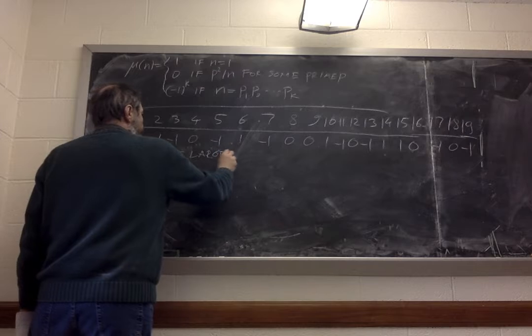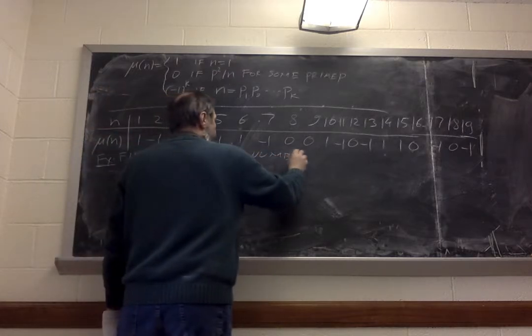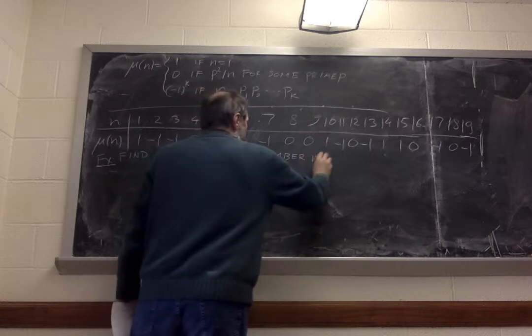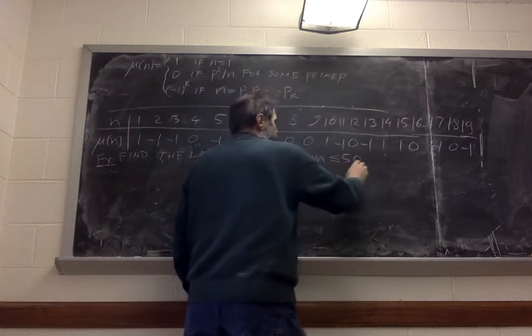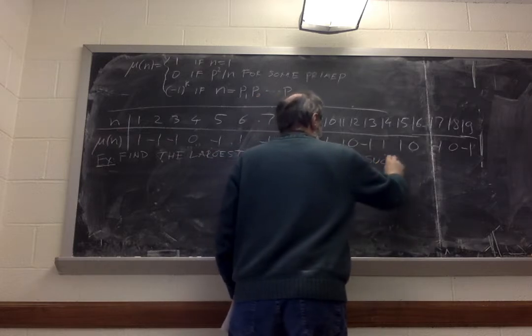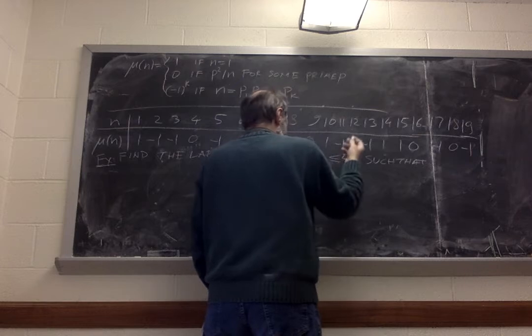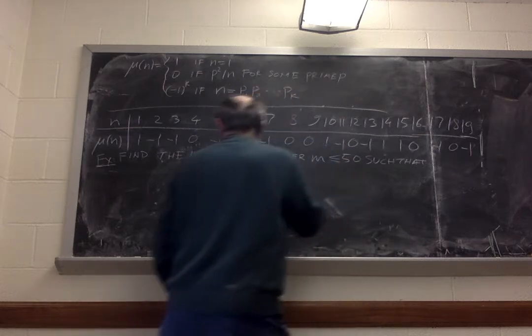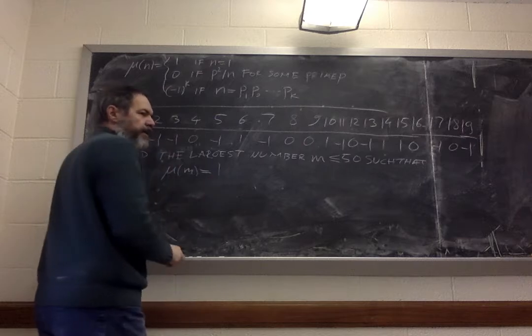So find the largest number m, less than or equal to 50, such that the Mobius function mu of m is equal to 1, say.